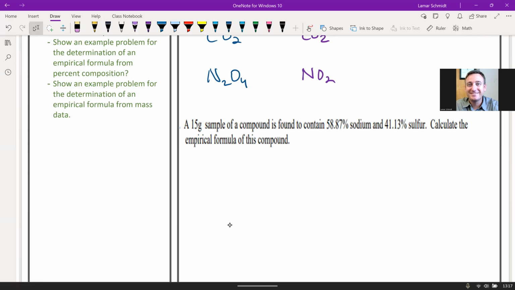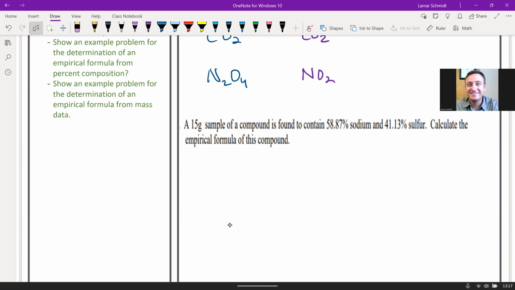We know that their composition remains constant, independent of the size of the sample. So we could use this 15 grams. We could multiply it by 58% and get that mass, right? We could do 15 grams, multiply it by 41.13% and get a mass. Does that mean we know what the empirical formula is? No, we don't know anything.